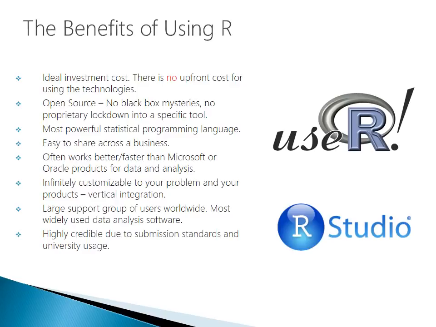And when people develop new packages and new tools for R, it's highly credible due to the standards for submission, and the user community will help to improve the quality of the products. So if there's a bug or an issue with a technique that has been developed, a lot of times you'll see the user community reach out and try to make the correction.